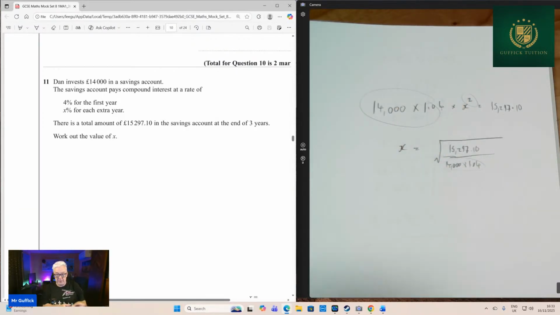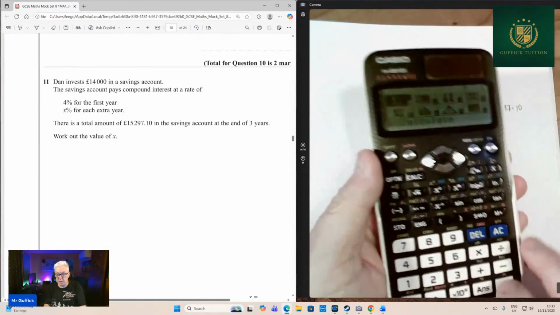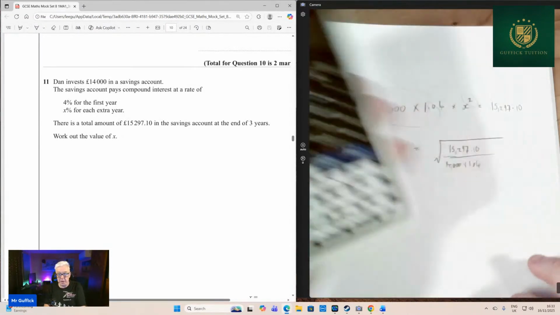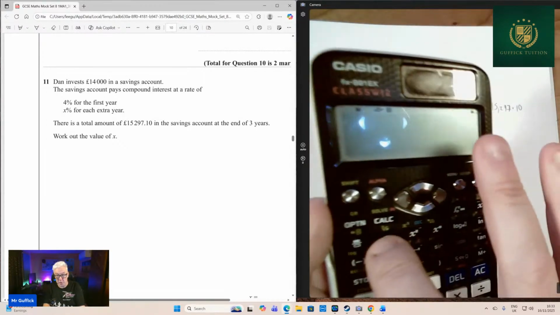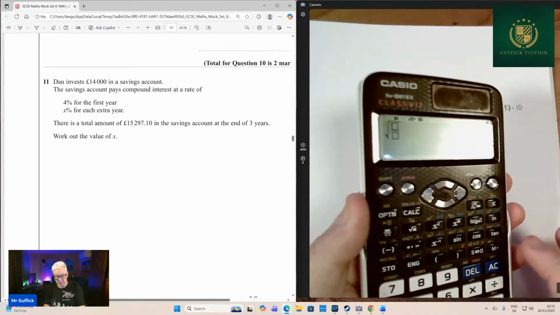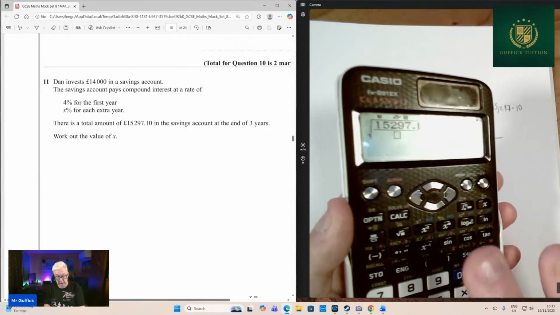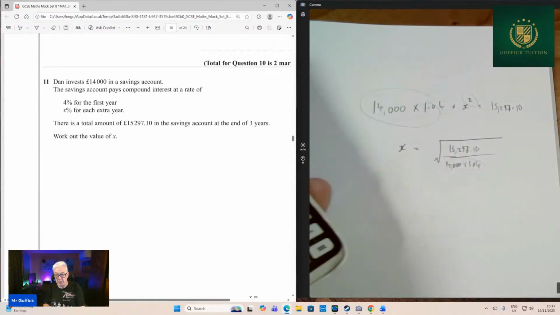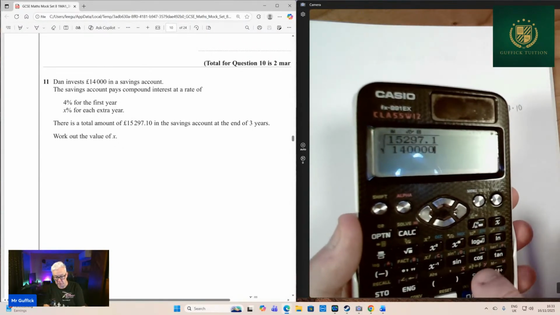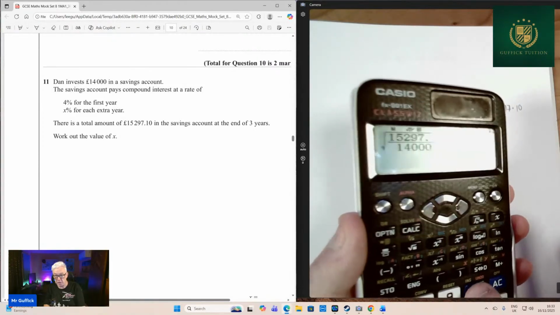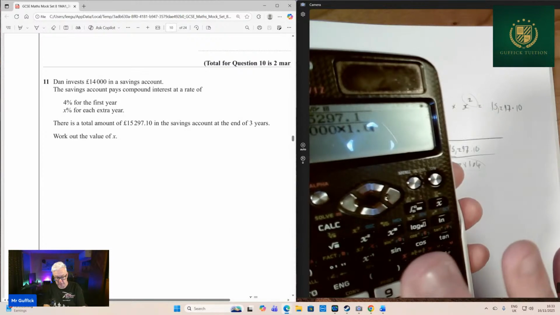Now let's see what that gives us. Let's get our calculator here. So what's our calculation? Let's press the square root button, then the fraction button, and then £15,297.10 divided by 14,000 times by 1.04.